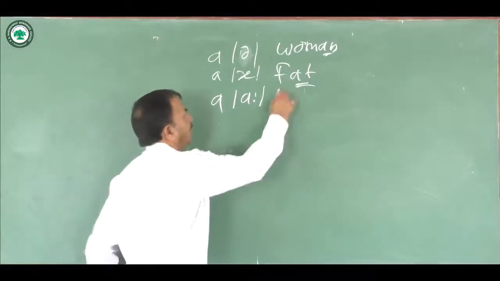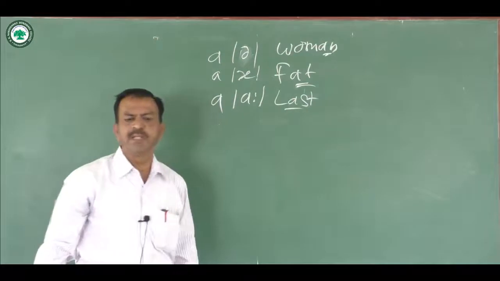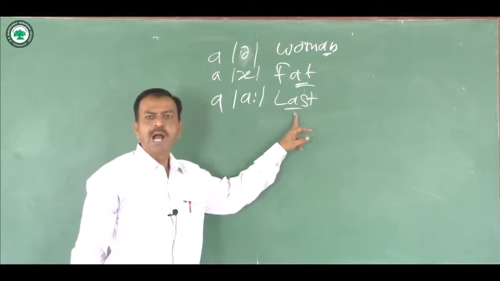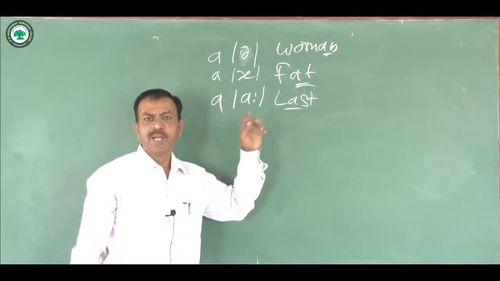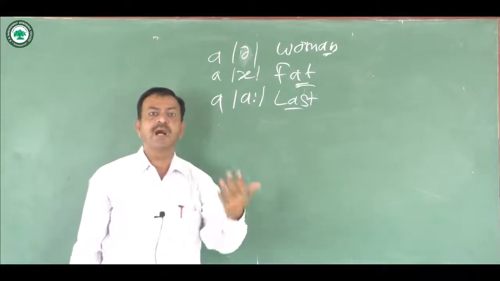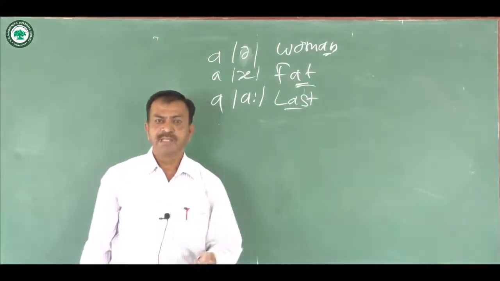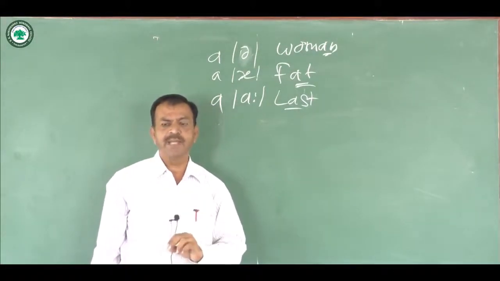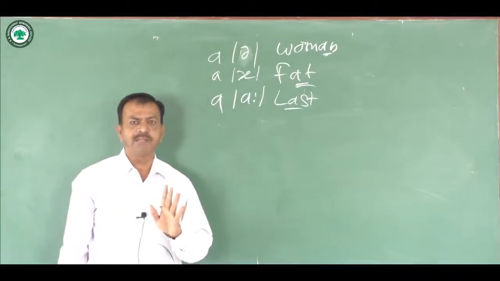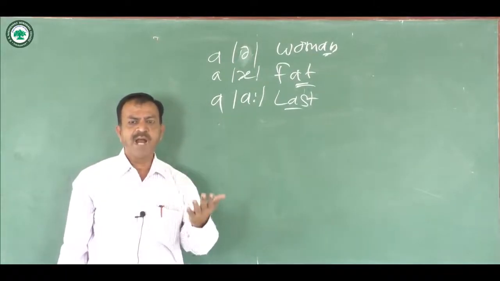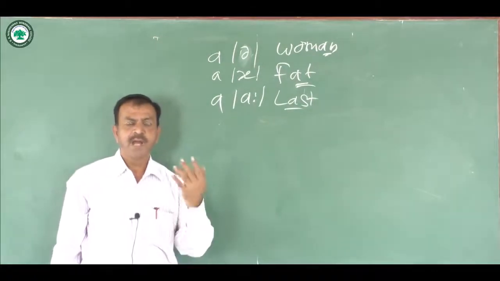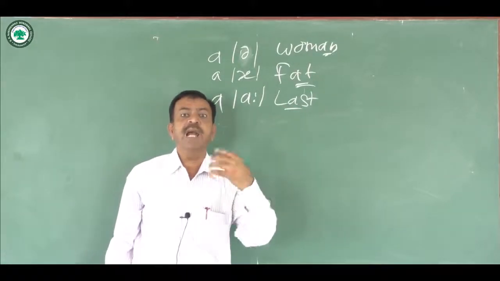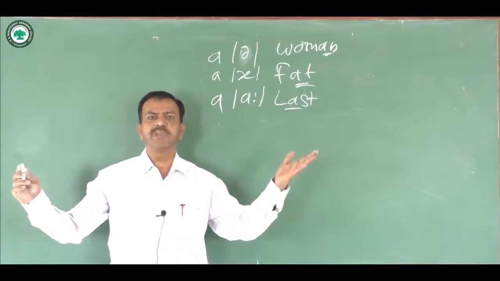Now see, in this word last, L, A, S, T, the spelling is same. I would like to give you another example. For example, ask, bard, car, far, grass, harp, mask, shark, tar, fast.